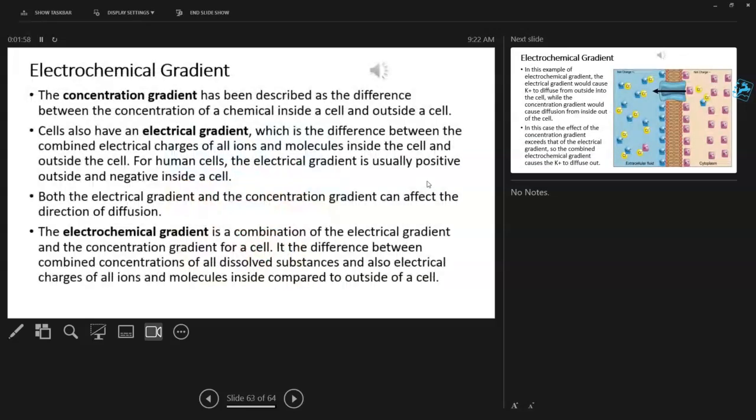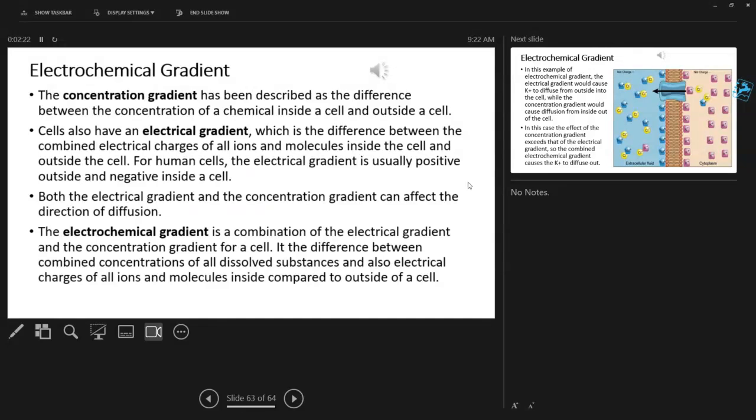Okay, this concentration gradient, like we learned that diffusion happens because of a concentration gradient, a difference in concentration of something on one side of a membrane or in one place compared to another place.